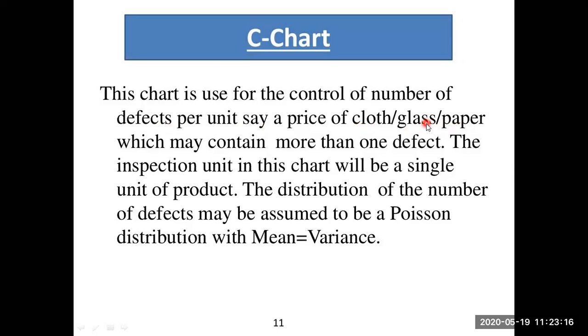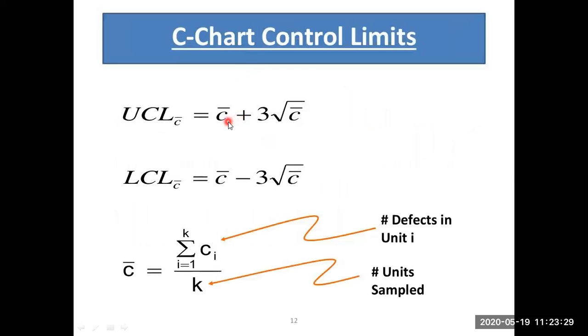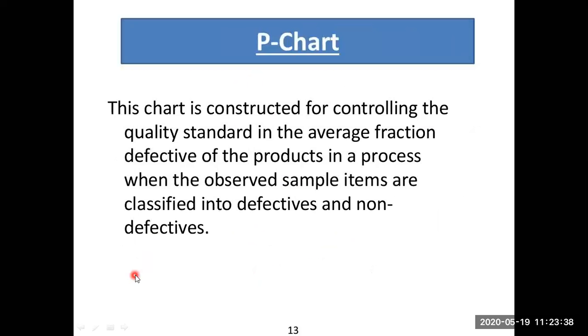Suppose in a 1 by 1 meter glass, how many dots or defects are there? For that you have to use the C chart. The C chart formula is C bar plus 3 root C bar, and C bar minus 3 root C bar, where C bar is equal to, this is the upper control line.